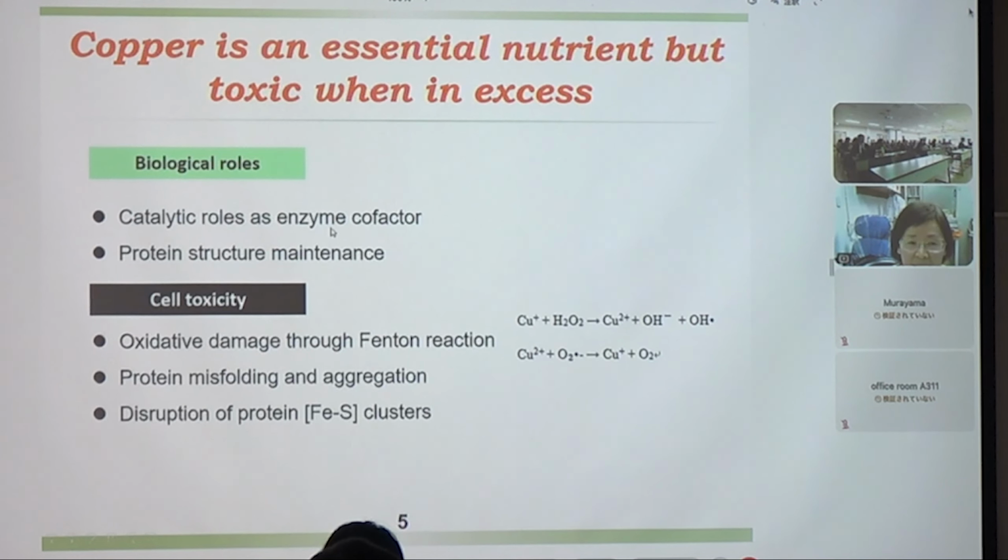On the other hand, as we know, copper is an essential nutrient but toxic when in excess. And copper has very important biological roles. For example, a catalytic role as an enzyme cofactor and for protein structural maintenance. The copper toxicity comes from oxidative damage from the Fenton reaction, shown here.